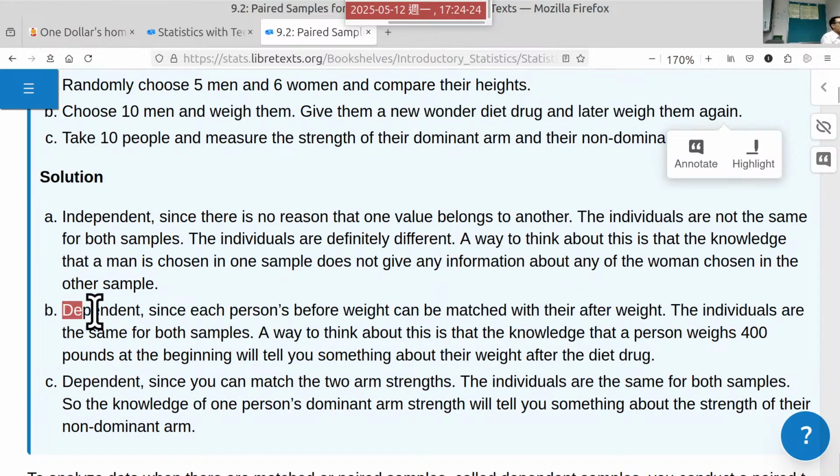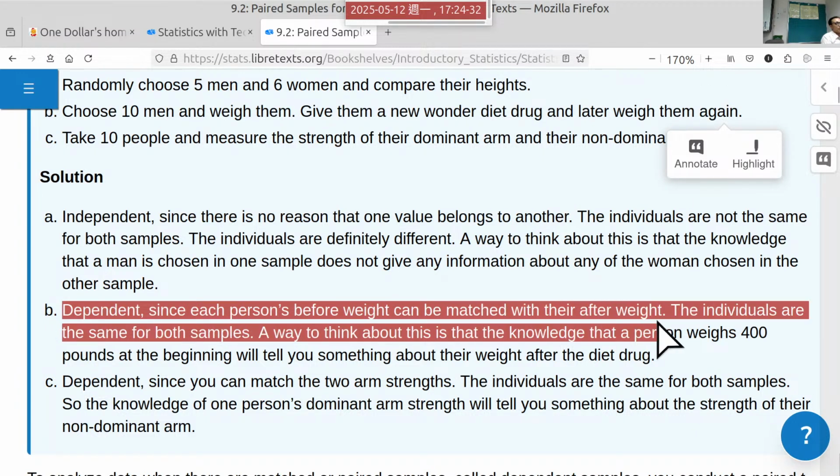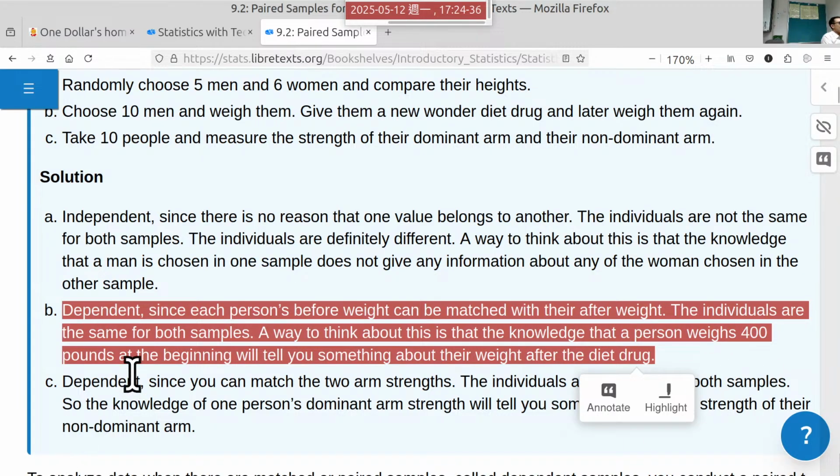They are dependent since each person's before weight can be matched with their after weight. The individuals are the same in both samples. One way to think about this is that knowing a person weighs 400 pounds at the beginning will tell you something about their weight after the diet drug.